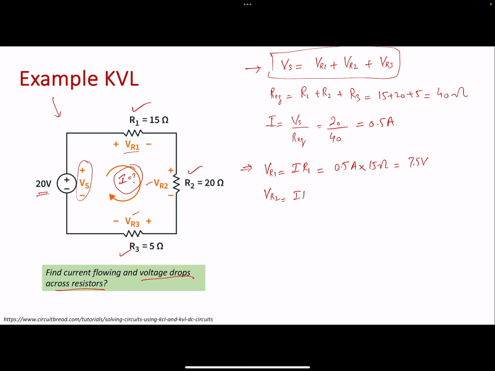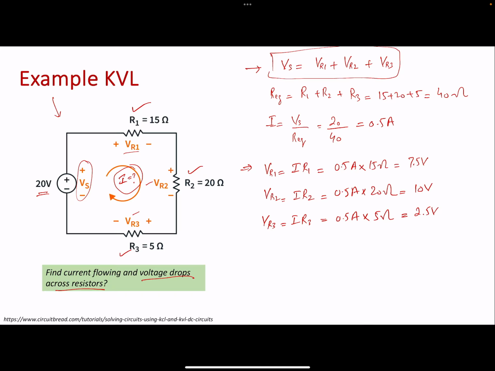VR2 is I times R2, which is 0.5 amperes times 20 ohms, 10 volts, and VR3 is I times R3, which comes out to be 0.5 amperes times 5 ohms, 2.5 volts.